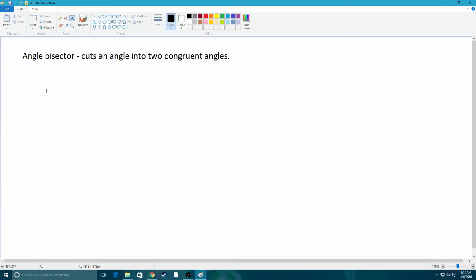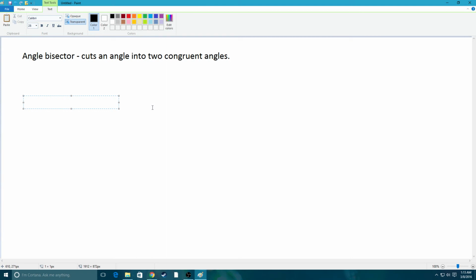So an example of this would be like: ray AB bisects angle CAD.